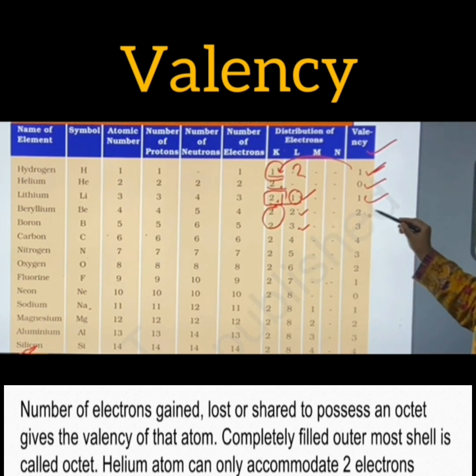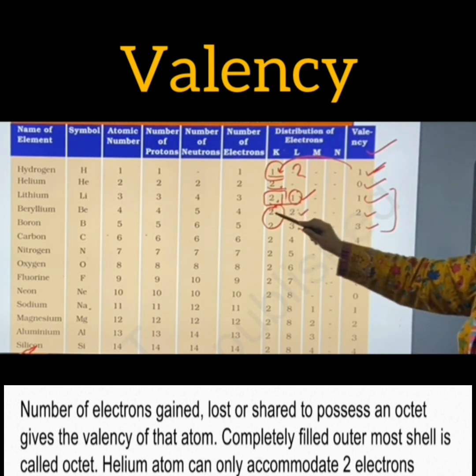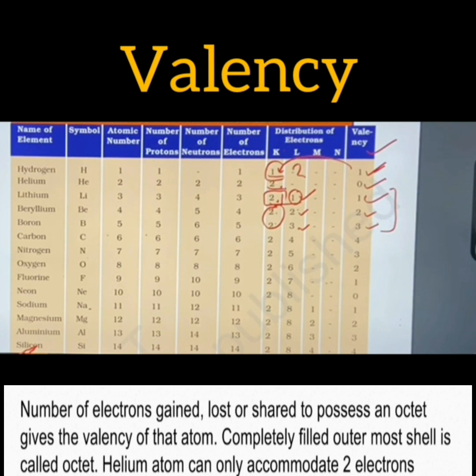So the valency is 2, 3. So if the valency is 1, 2, 3, it means the element is able to lose its electrons and have completely filled orbits, and that is called a valency of 1, 2, 3.